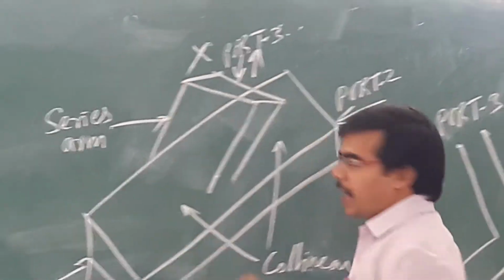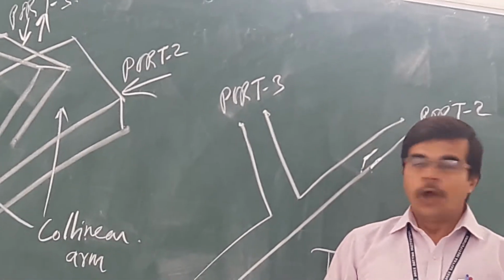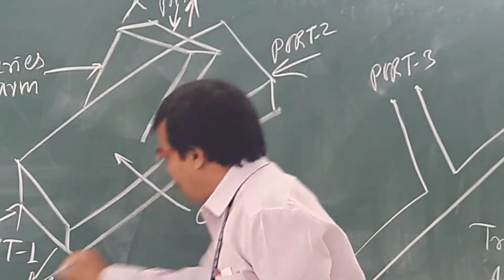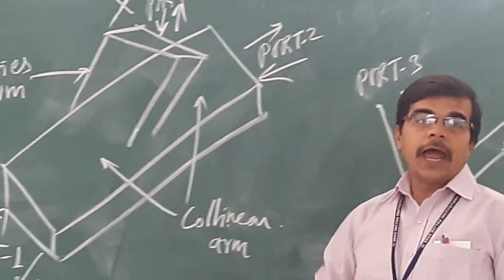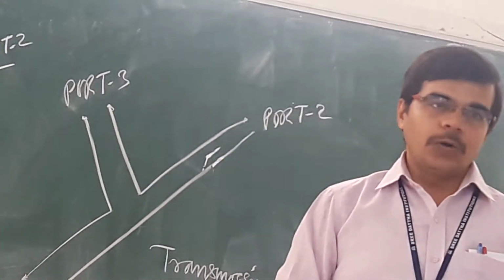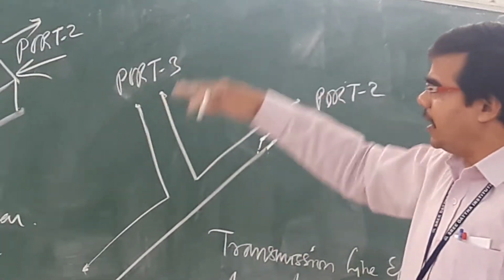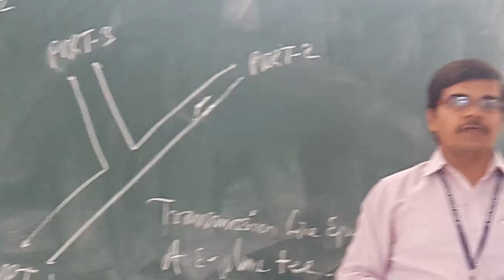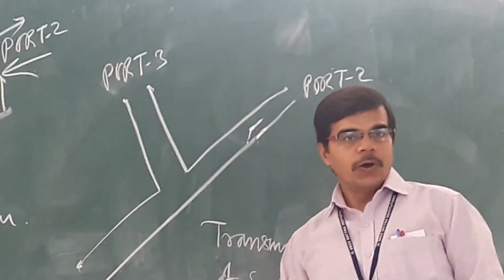On the other hand, if we are giving power at port 3, we will get equal power at port 1 and port 2, but they are 180 degrees out of phase. So these are the two properties of your E-plane T.